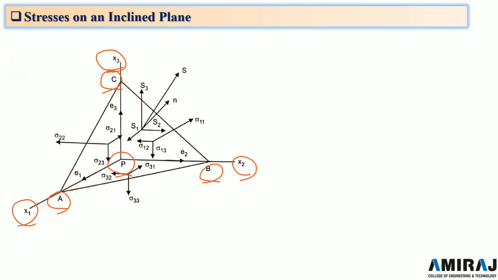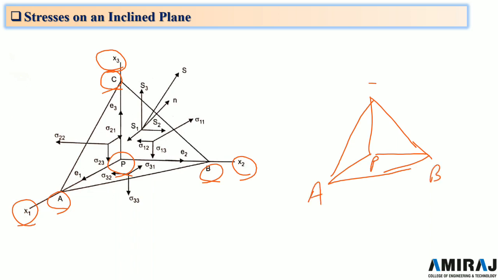Thus A, B, C and P form a trapezoid, which will look somewhat like this, with P over here and A, B and C. The stress components acting on the three perpendicular faces of this trapezoid, which lie in the coordinate planes, are the components of the stress tensor or stress state at point P and are completely known.